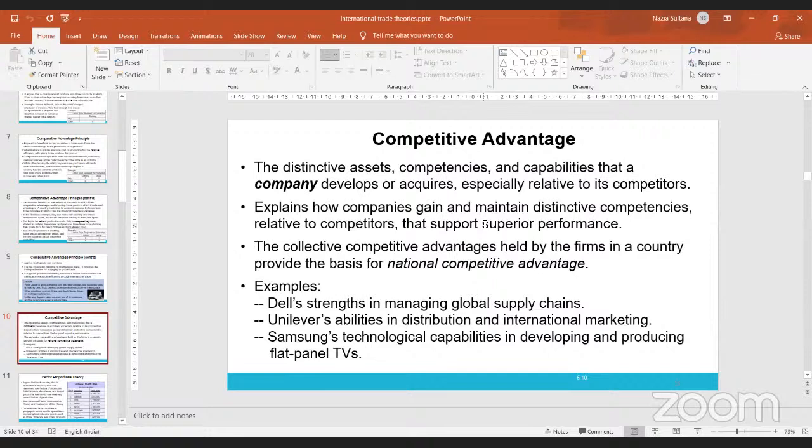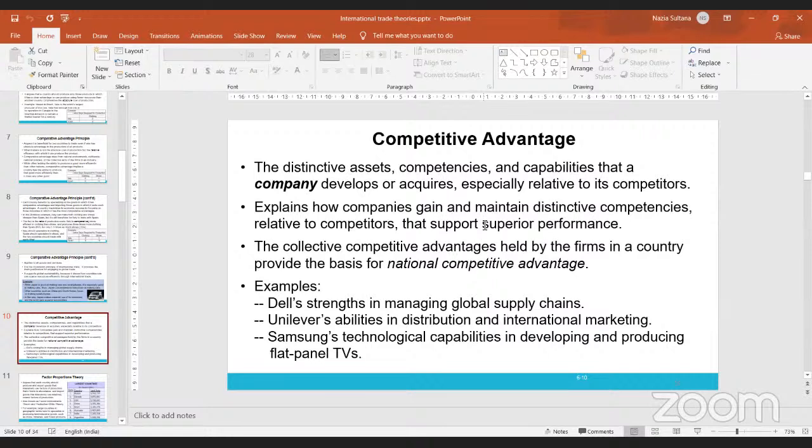In the same way, these companies are present in a country, and because they are present in a country, they will pass on the advantage to the country also. So the abilities which the companies have will make the country more competitive and more advantageous compared to its other competitors in the market. From comparative advantage comes the word competitive advantage.